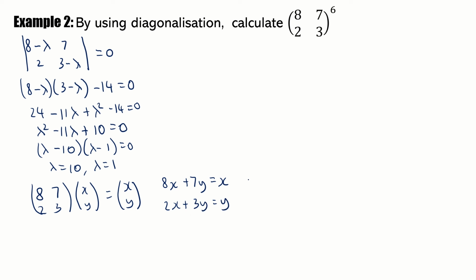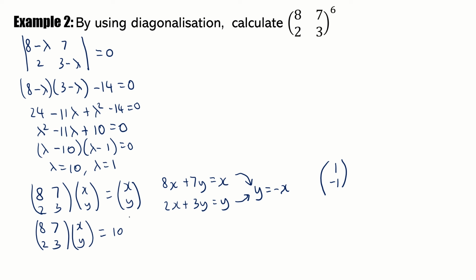However, both of these relationships are going to lead to y is equal to negative x, which is quite convenient, because it means the first eigenvector can be very simply found, and it's just going to be, for instance, 1, minus 1. Then proceeding to find the second eigenvector by doing this.